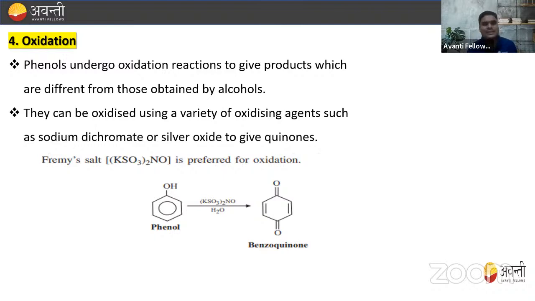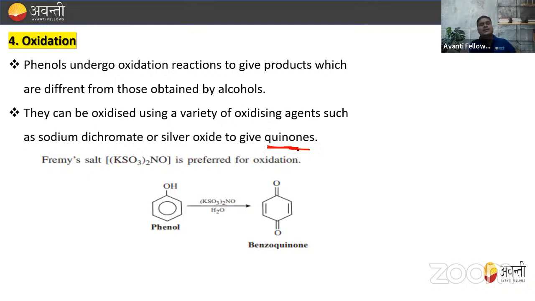If uncontrolled oxidation takes place, then we get carboxylic acid. So phenol undergoes oxidation reaction to give products which are different from those obtained from alcohol, and it can be oxidized using a variety of oxidizing agents such as sodium dichromate or silver oxide to give quinone. This one is very important.